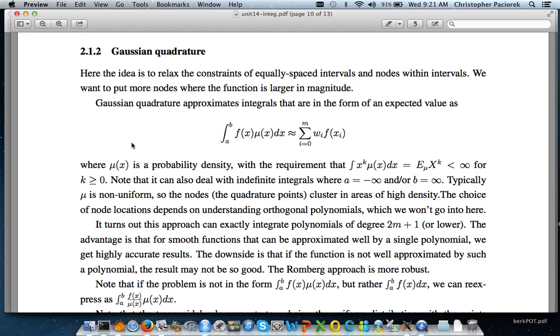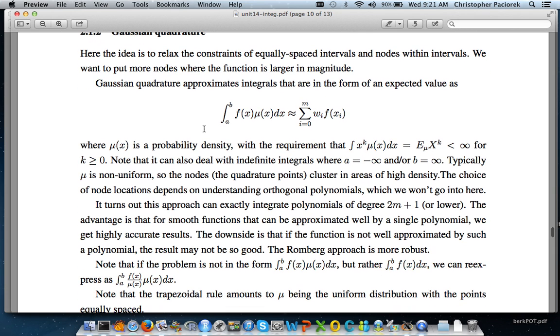It's to no longer follow this strategy of having equal length intervals, but to cleverly choose where to do the function evaluations, placing the nodes in particular spots that are the same, relatively speaking, in each of the intervals. So there's this idea that's called Gaussian quadrature.